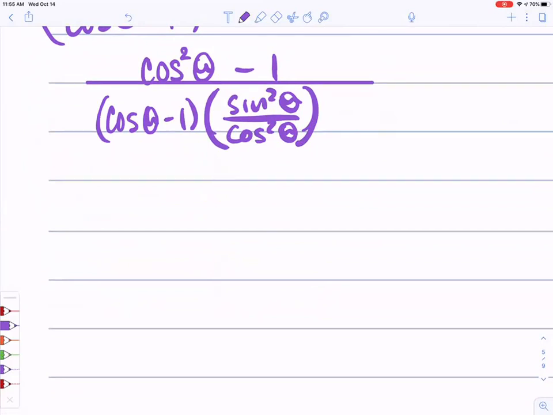Negative sine squared. Why is it a negative sine squared? Is it listed on that page from the video? It's not. You have to rearrange it on your own. Okay, so that top then is a negative sine squared.